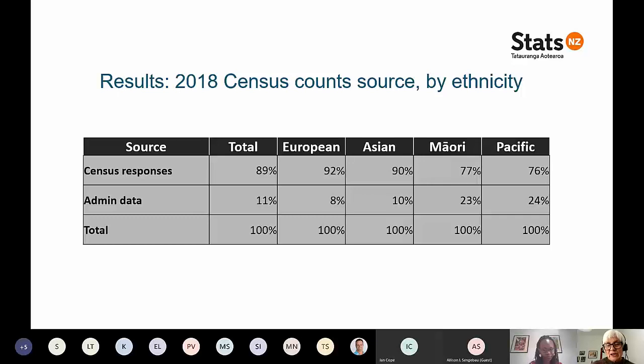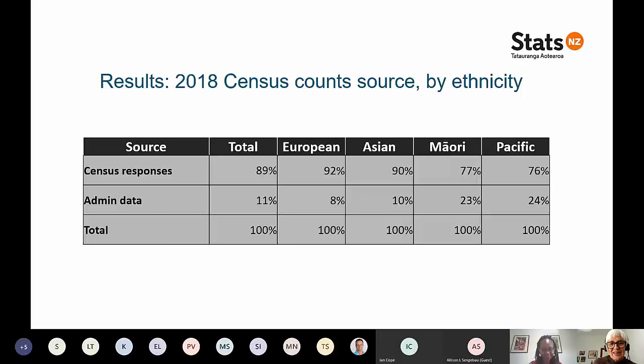European and Asian have 90% from census responses, but for Maori and Pacific only just over three quarters come from census responses, and a full quarter of their information comes from administrative data. So it indicates quite a big failing in our census field work, but it also shows the benefits of having administrative data to fill those gaps.